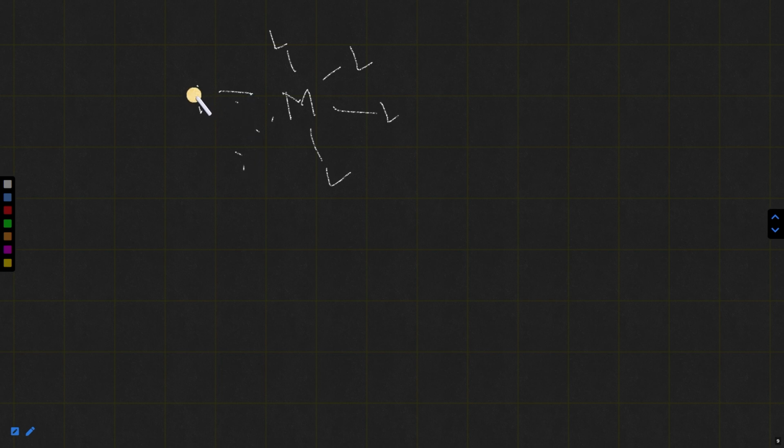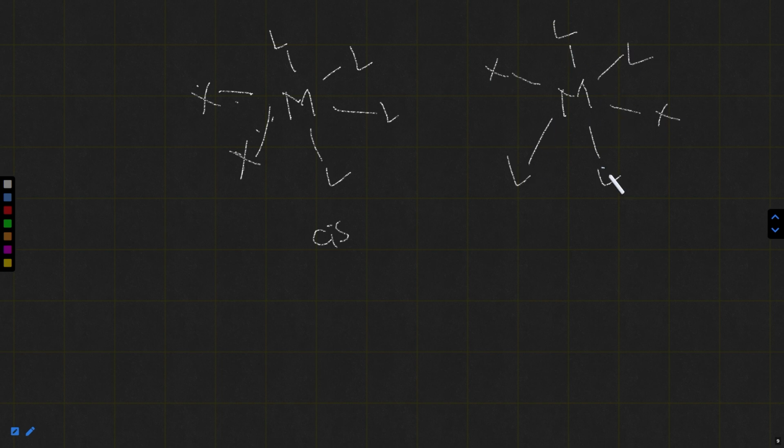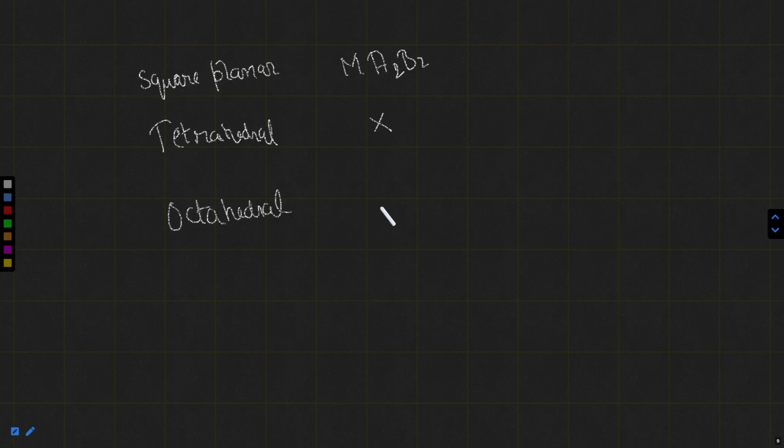Okay, so this is the case of cis isomerism. Now, if I place both X's on the opposite side, suppose I am placing them on the opposite side in this fashion, this will give me the case for trans. So we can say that octahedral of the type, replacing X with A, MA2B4 will show geometrical isomerism.